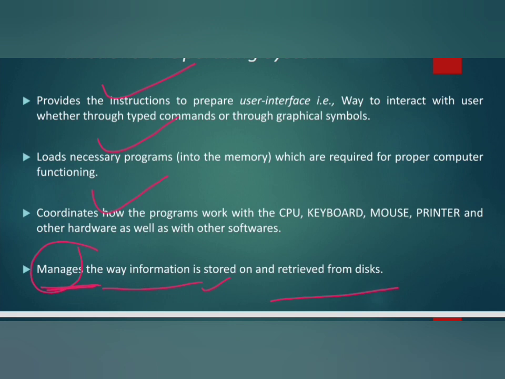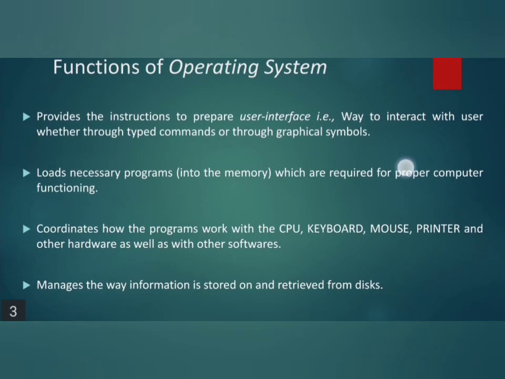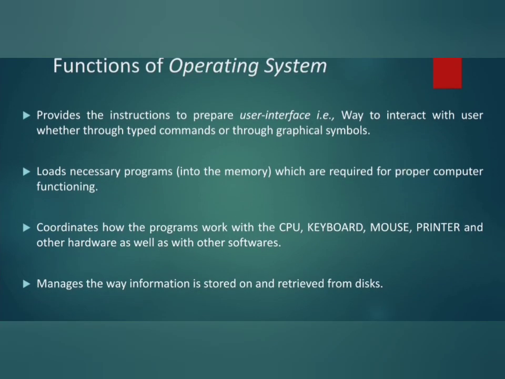So suppose you have saved something today, and the next day when you open your computer and you want the same document, you will get it from the disk. So this is the way it manages how information should be stored, where it should be stored, and when we want it back, how we retrieve it. Fine. So these are some of the important functions of operating system. So please note it down, or else like the previous one you can take a screenshot of it.